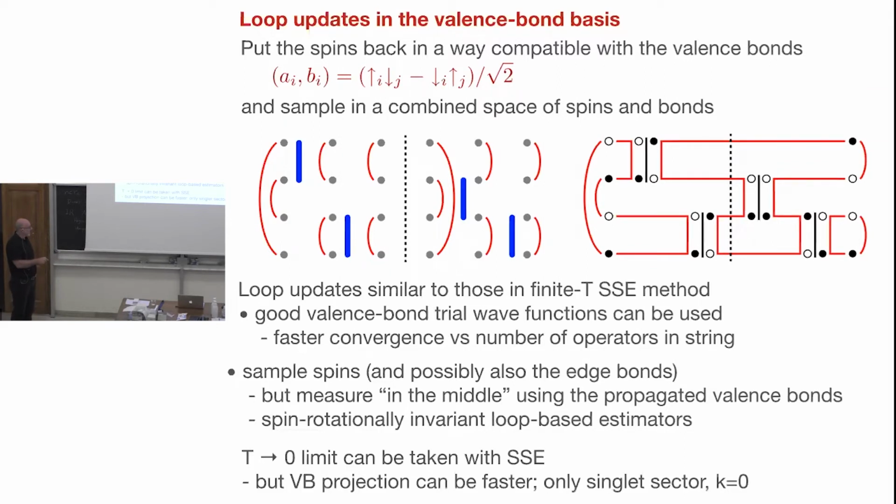So as I showed you last time, if we do finite temperature SSE, we can take the T to 0 limit, but this may actually converge faster if you think of how many operators do you need in this string. If you do the finite T or you do this, you can expect that this should be better because you are only including the singlet sector. At finite T, of course, all excitations of any spin is included.